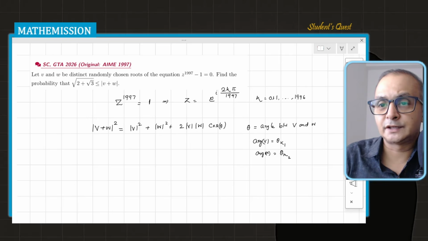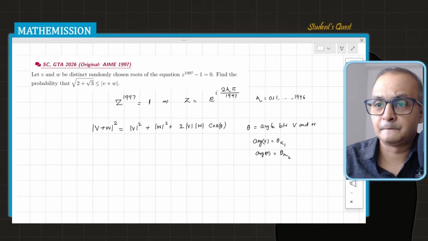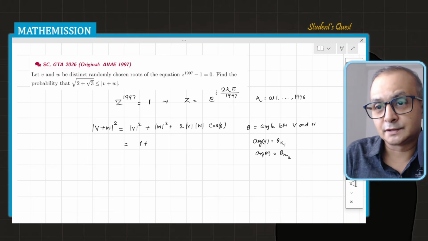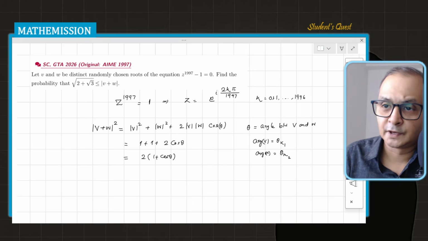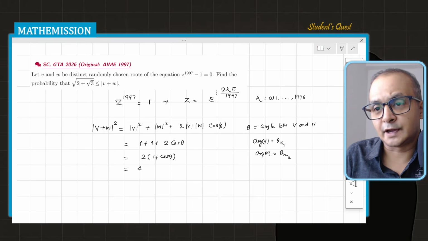Now you notice that each complex number has magnitude 1 because it's a unit vector. So this can be written as 1 plus 1 plus 2 cos theta. And you know this identity we have dealt with many times, so 2 times 1 plus cos theta is nothing but 4 times cos squared theta by 2.